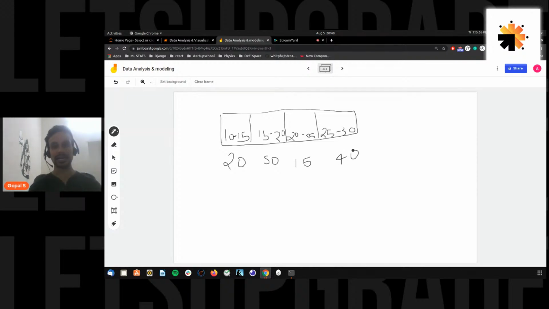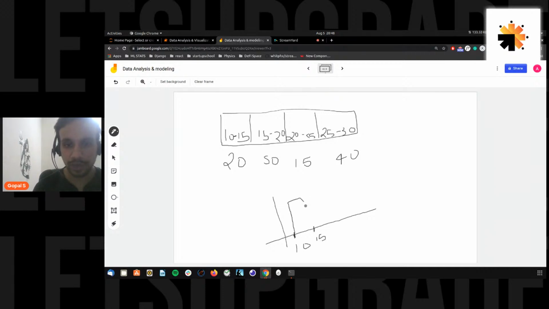So how exactly can I plot a histogram out of it? What you need to do is take bins over the x axis. For 10 to 15, what do I have? 20 units of values.